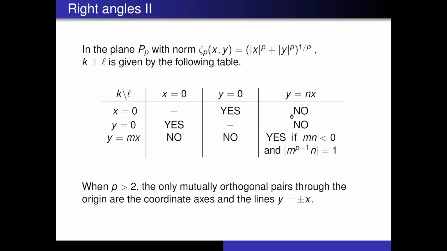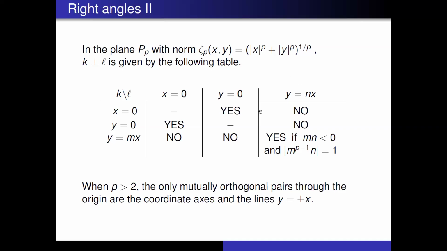Okay, so let's look at the LP norm. Now, I'm using P here, and we'll make a table of what's orthogonal to what. So we have the vertical line, x equals 0, that's the y-axis, and you have the horizontal axis, and you look at y equals mx and then take a different line, y equals nx.